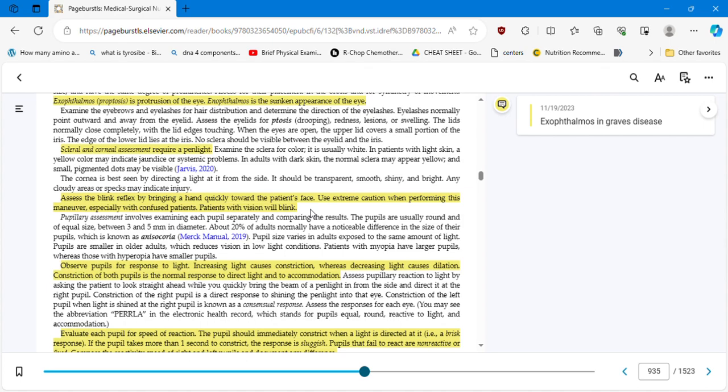Okay, I want to say something about this. It's good that you know all these procedures and tests, but basically in the ophthalmology clinic, only highly trained personnel, staff, and nurses are going to be assessing and performing these tests.